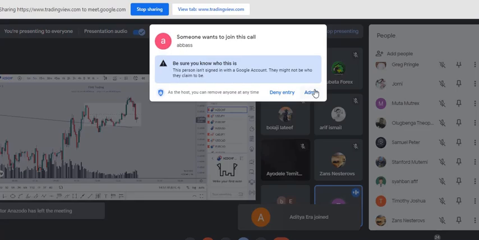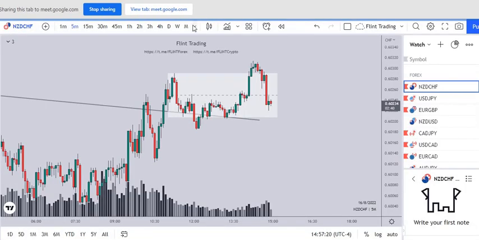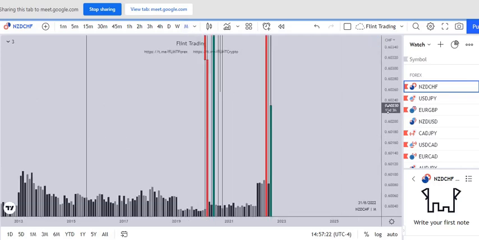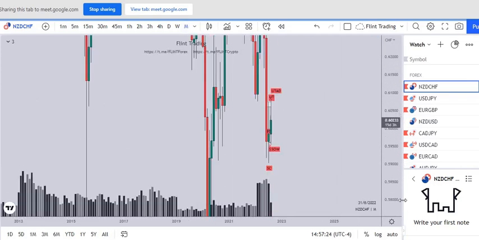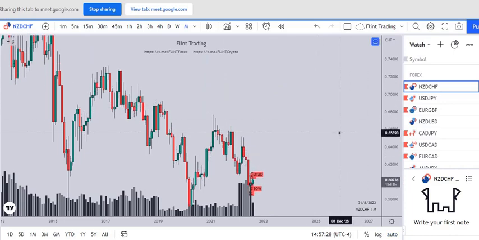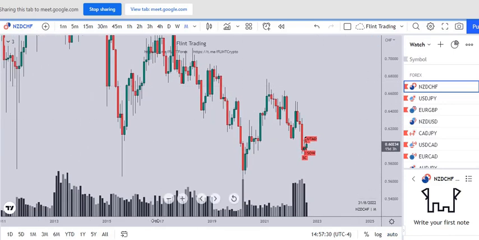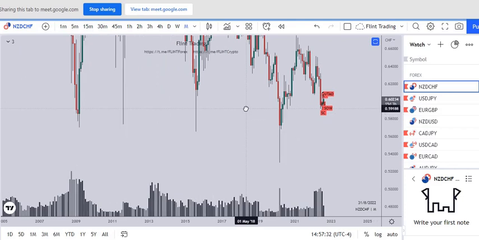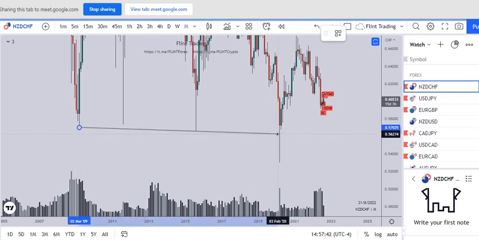Let me just go over the monthly time frame and give you an idea of what I was seeing. So you can see these wicks right there. This was kind of a rejection area.